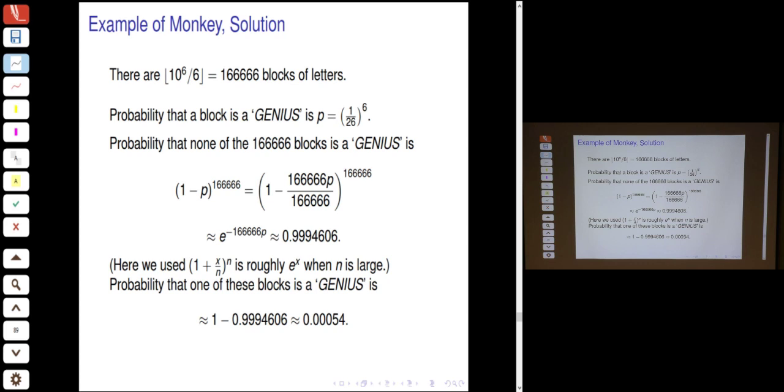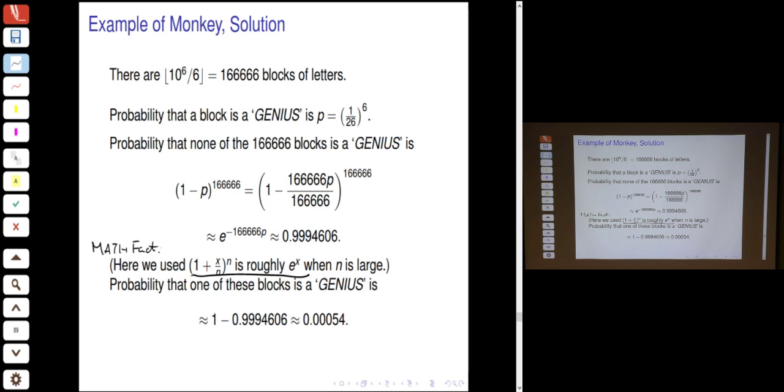In mathematics, we can approximate this. So there is a mathematical fact. For any x, (1 plus x over n) to the power n is more or less e to the x, where e is the base of the log.